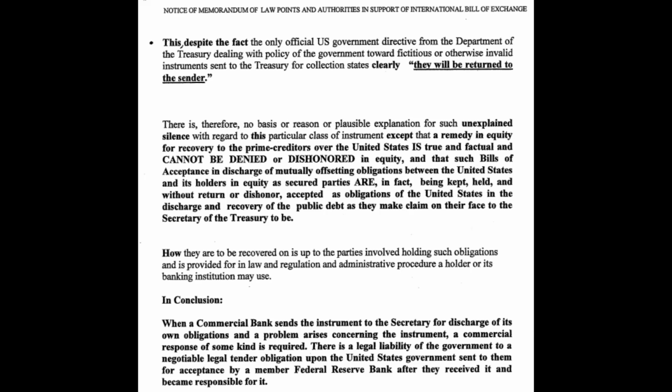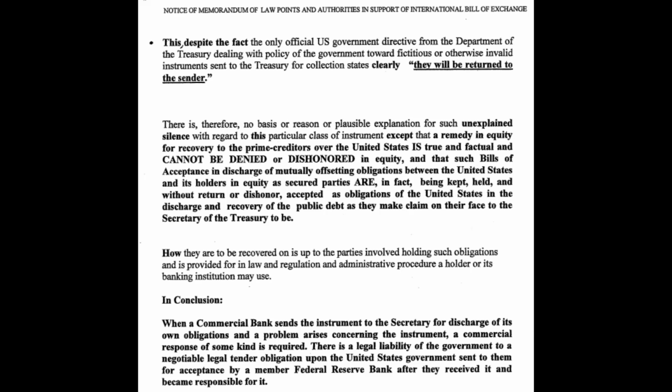So in conclusion, when a commercial bank sends the instrument to the secretary for discharge of its own obligations and a problem arises concerning the instrument, a commercial response of some kind is required. There is a legal liability of the government to a negotiable legal tender obligation upon the United States government sent to them for acceptance by a member of Federal Reserve Bank after they did receive it and became responsible for it.